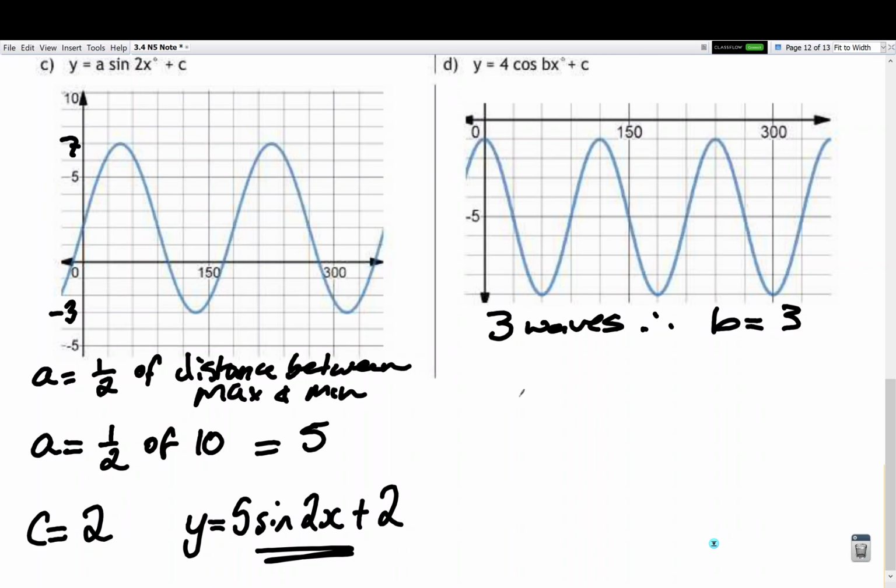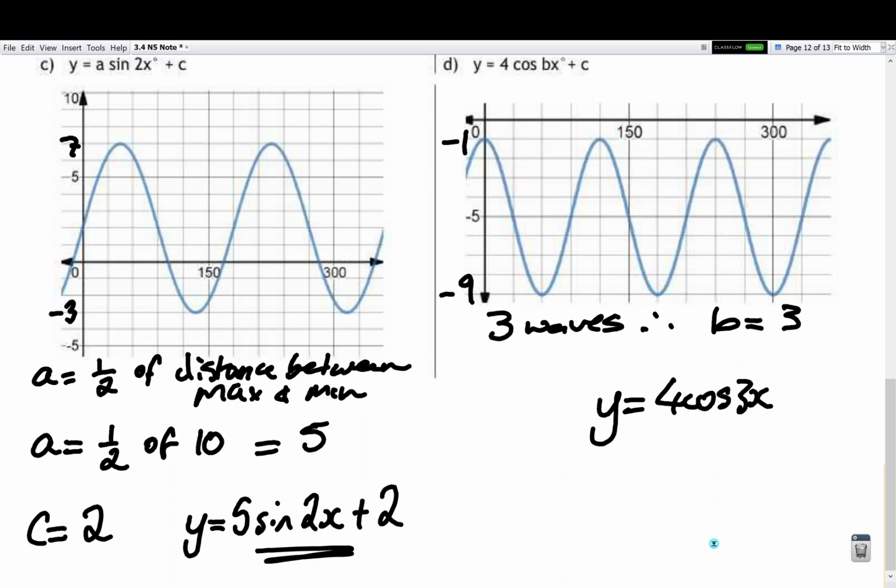Right, so now we just need to work out where this graph has moved up or down. So this is the graph of 4 cosine 3x and then something, plus or minus something. Well, 4 cosine 3x would usually start at 4 and go down to -4. This one is starting at -1 and it's going down to -6, -7, -8, -9.